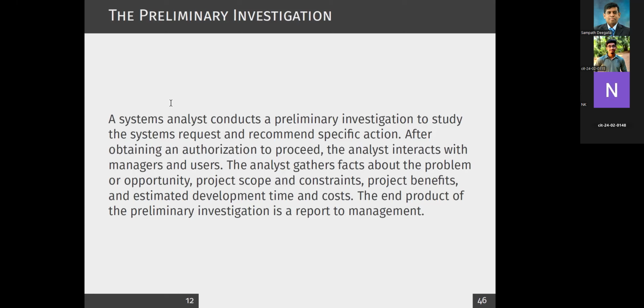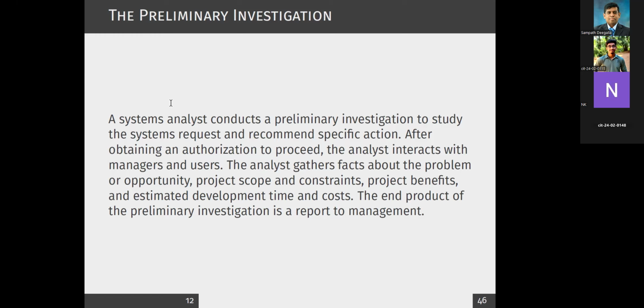Right. Now that we have discussed feasibility, the next one is preliminary investigation. What do you mean by preliminary investigation? We have to study the request and recommend specific actions.